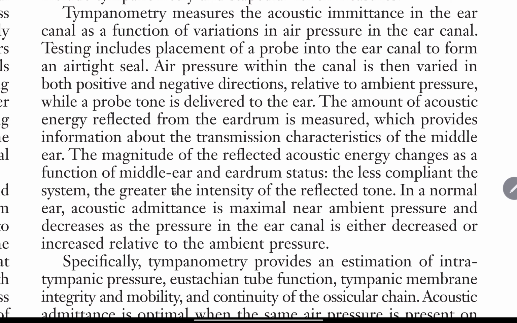Specifically, tympanometry provides an estimation of intratympanic pressure, eustachian tube function, tympanic membrane integrity and mobility, and continuity of the ossicular chain. Acoustic admittance is optimal when the same air pressure is presented on both sides of the tympanic membrane. Therefore, the peak of the tympanogram reflects the resting pressure in the middle ear.